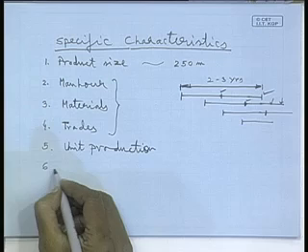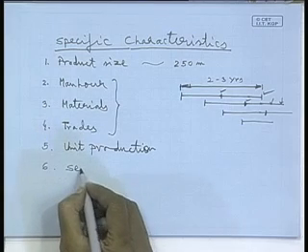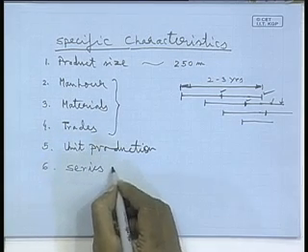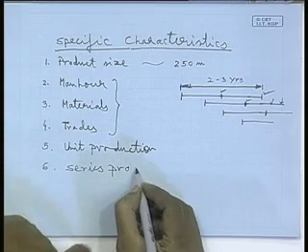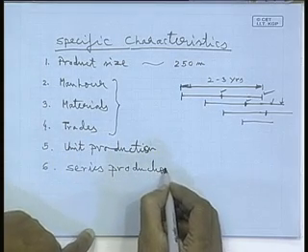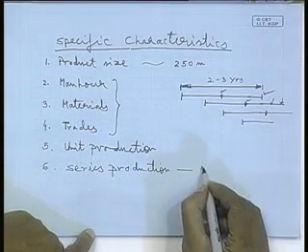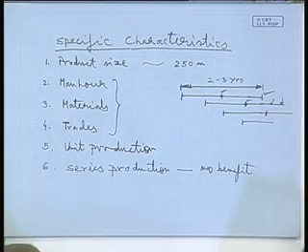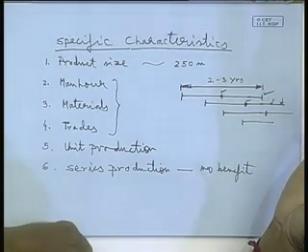So, you do not have the benefits of series production, right. It is a case of unit production and no benefit of series production, which in other industries you have.